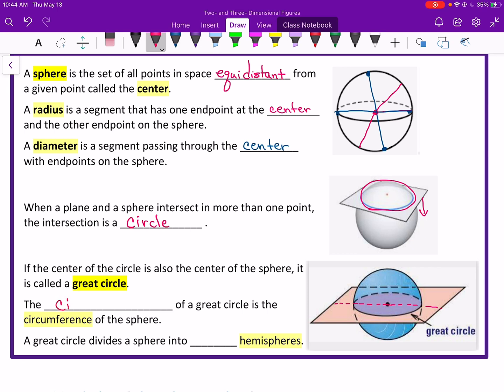The distance around, or the circumference, of that great circle is exactly the same as the circumference of the sphere. If that plane would continue to move down, then the circles would get smaller and smaller.